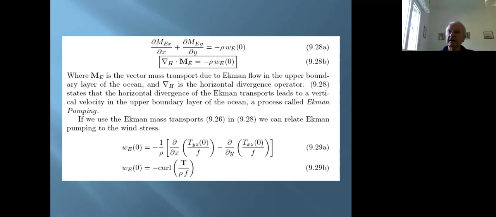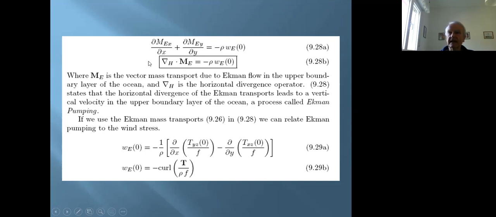Therefore, the vertical movements are compensating for the loss of mass within the Ekman layer due to the Ekman layer divergence or convergence. So that's another way of formulating this in terms of the mathematical formalism.